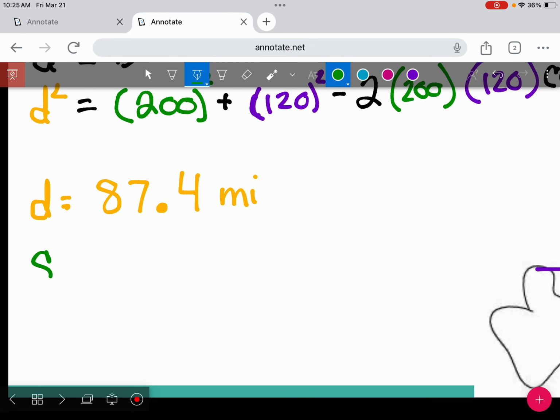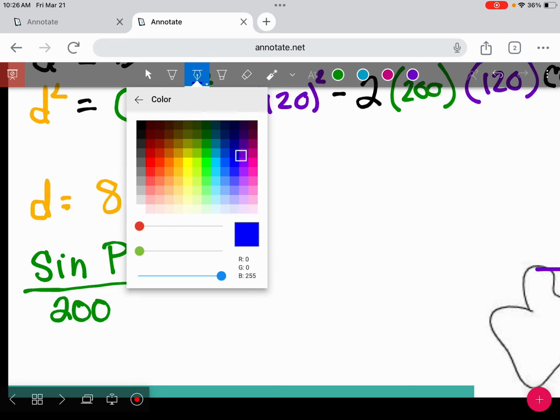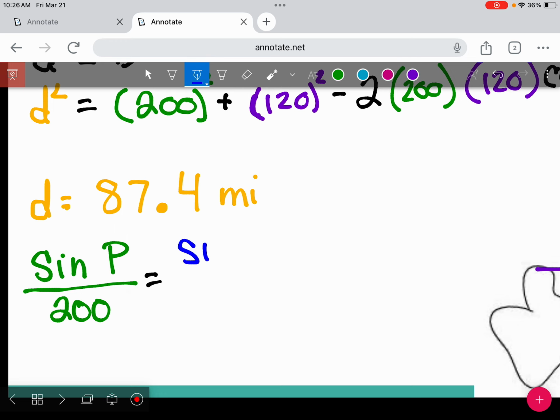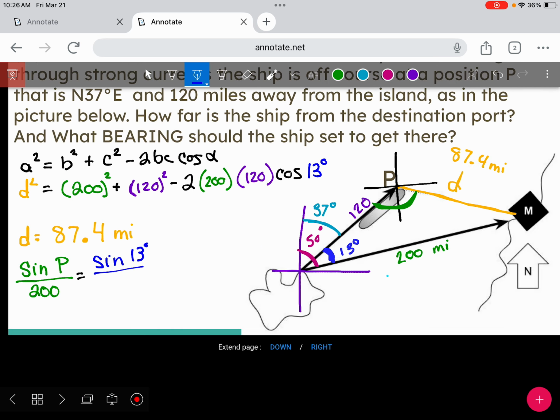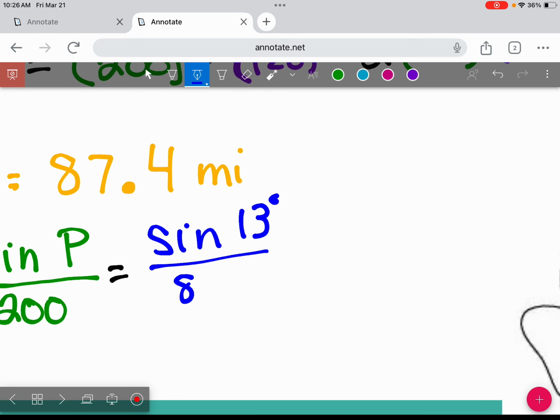We'll set that up as, bless you, our sine of angle P over our 200 is going to equal our sine of 13 degrees over the opposite of 13, our 87.4.